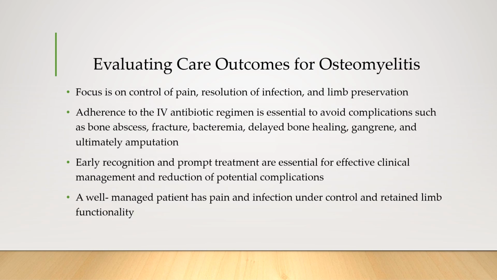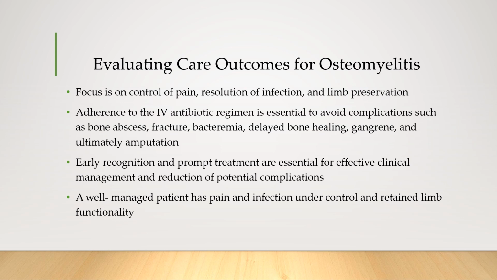So, how do I know that I've done a good job taking care of this patient with osteomyelitis? Focus is on control of pain, resolution of infection, and limb preservation. Adherence to the IV antibiotic regimen is essential to avoid complications such as a bone abscess, a fracture, bacteremia, delayed bone healing, gangrene, and ultimately amputation.